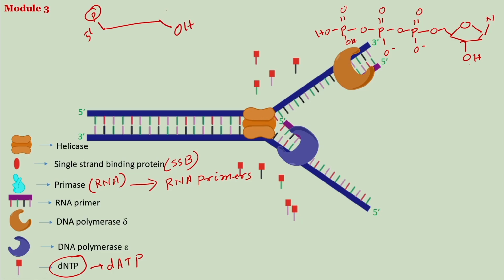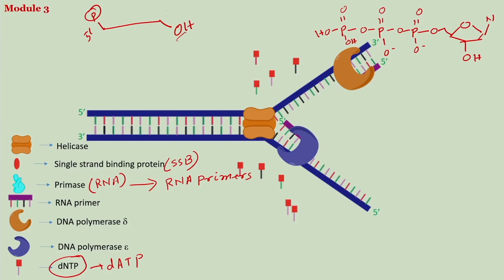Here you can see, if you make a DNA and move on this way, the starting one will always retain the triphosphate, and as you move on, the very last one will have a free hydroxyl at the 3 prime end. That is what this is, and so your functional group that reacts is this. Therefore, the 5 prime end to 3 prime end has to be there.